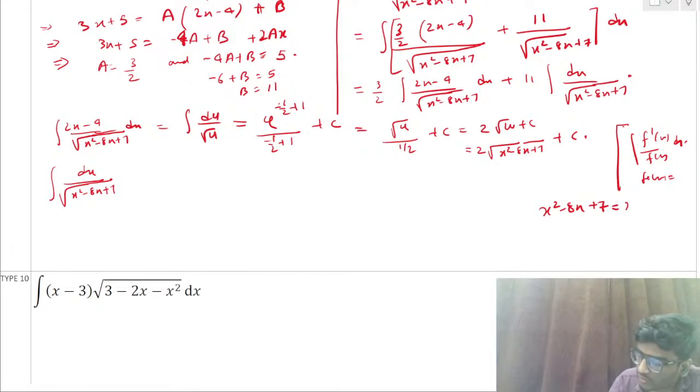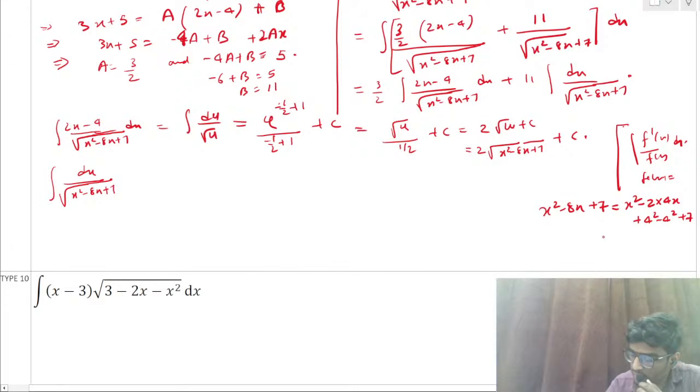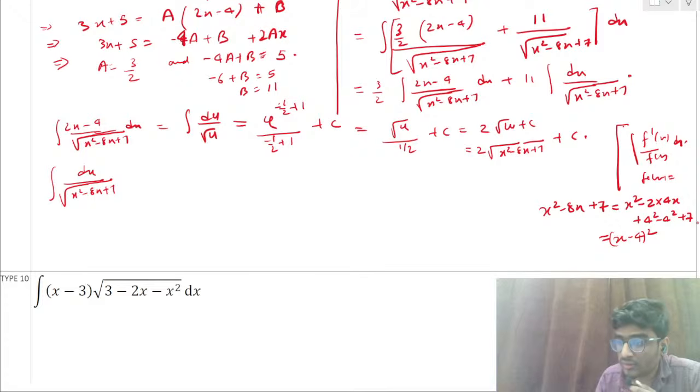We write x square minus 8x plus 7 as x square minus 2 times 4x plus 4 square minus 4 square plus 7. This becomes x minus 4 whole square minus 16 plus 7, which gives minus 9, which is nothing but x minus 4 whole square minus 3 square.